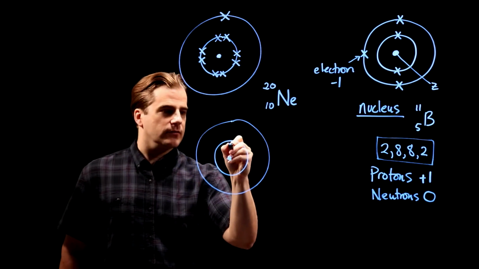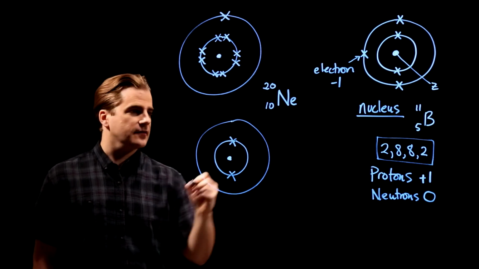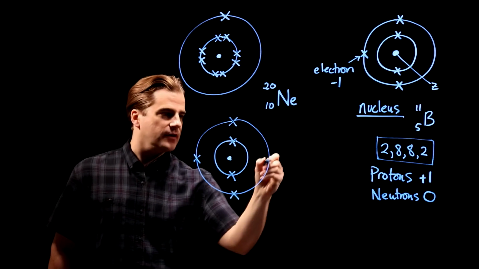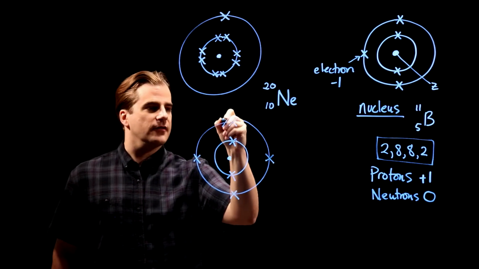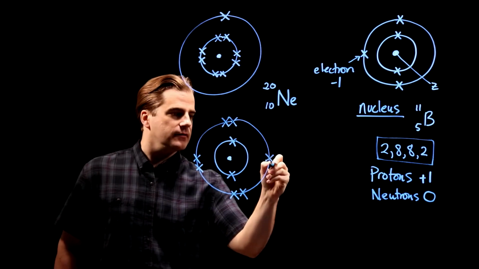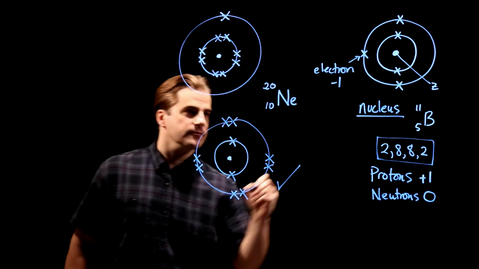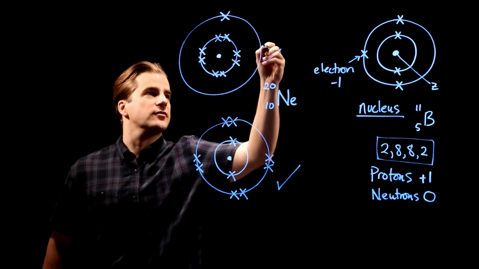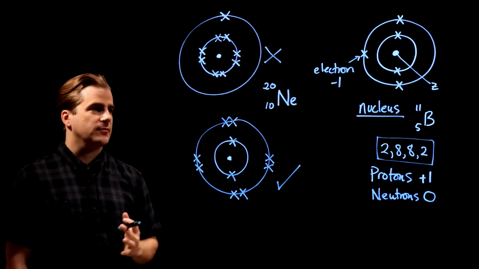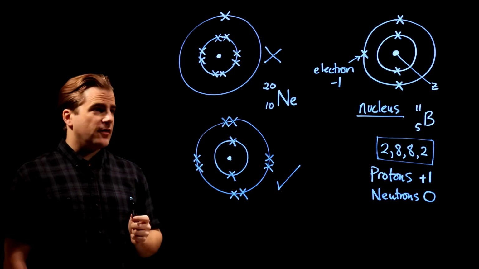So 1, 2, and work around in a circle like this. 3, 4, 5, 6, 7, 8, 9, 10. Okay, so that's the correct version, and that's what they gave us. It's the wrong version. So we've got to extract 3 marks from this question. We've got to find 3 things that are wrong with that.